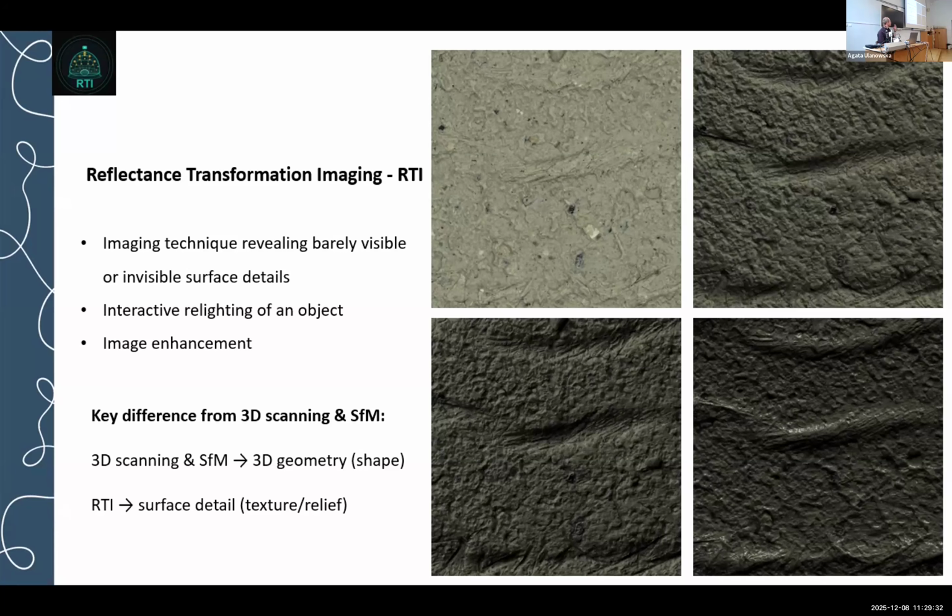So it enables you to relight your object on your computer, because as you all know, if you want to create a good photo of an imprint, you need to work with your lighting. So you have to manually move your light to create the perfect position that shows details very well. But with RTI, you can do it virtually on your computer.